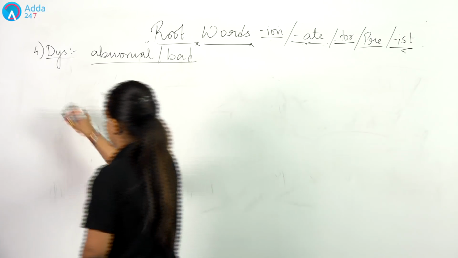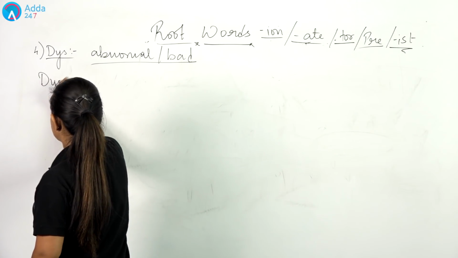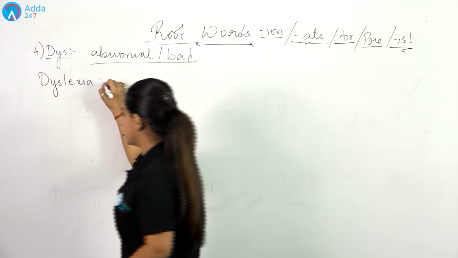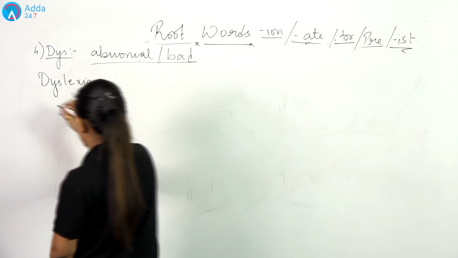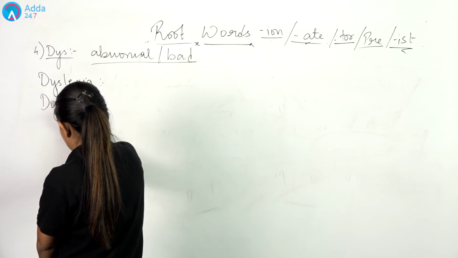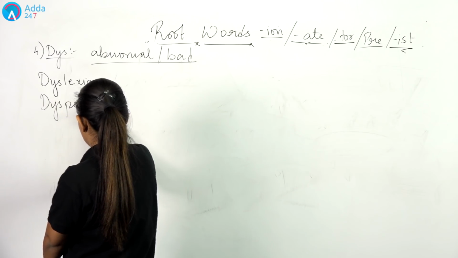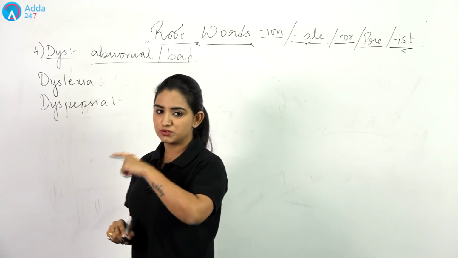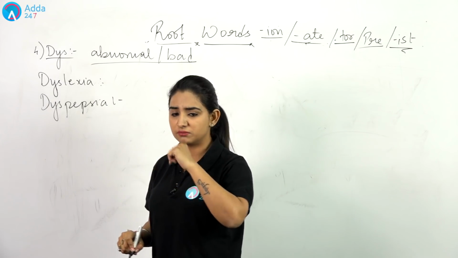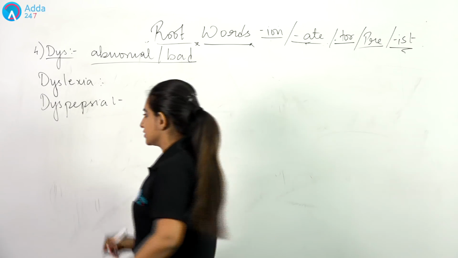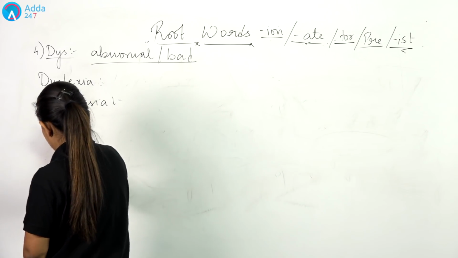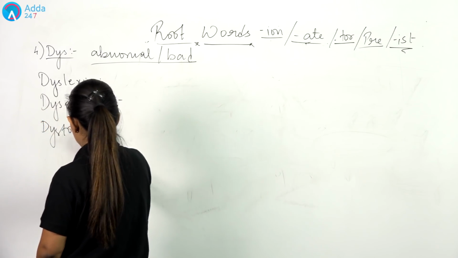For example, you must have heard of this word, dyslexia. Now here again you have a root word, right? I'll tell you later on. Then you have dyspepsia. Here also you have a root word, Pepsi. You must have heard about it, or you must have drunk it, right? So the other word is dystopia.